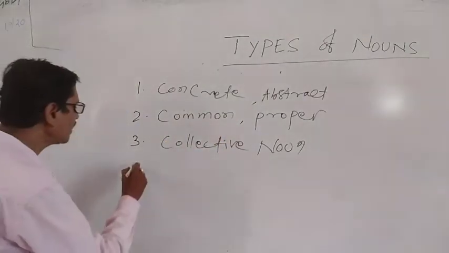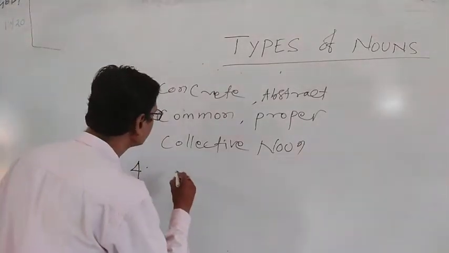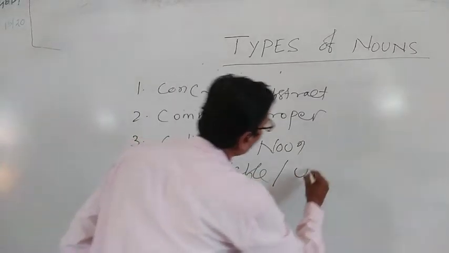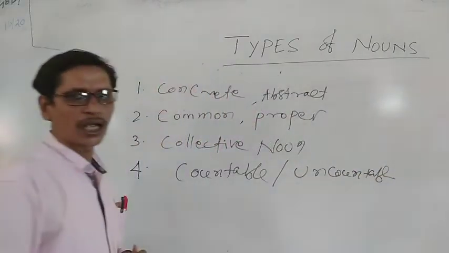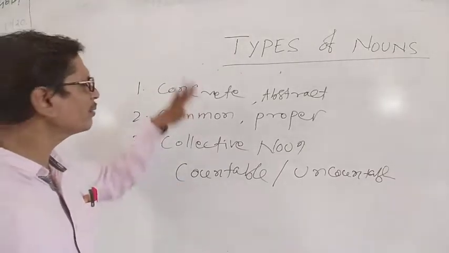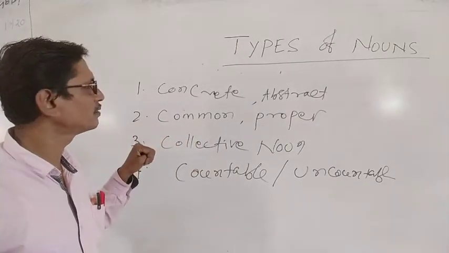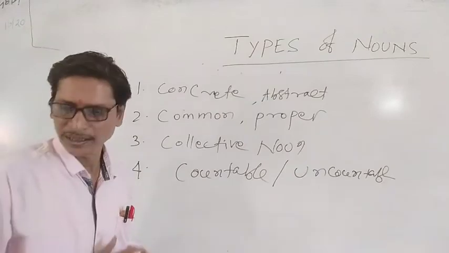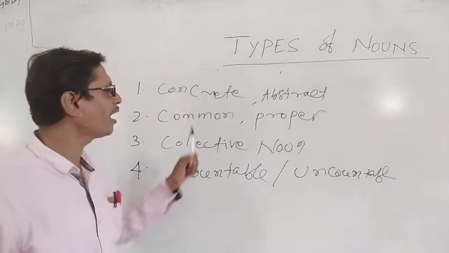Besides this, we can also have another type, countable and uncountable nouns. Today we will try to understand these various types of nouns with examples. Therefore, at first let's talk about concrete nouns and abstract nouns.